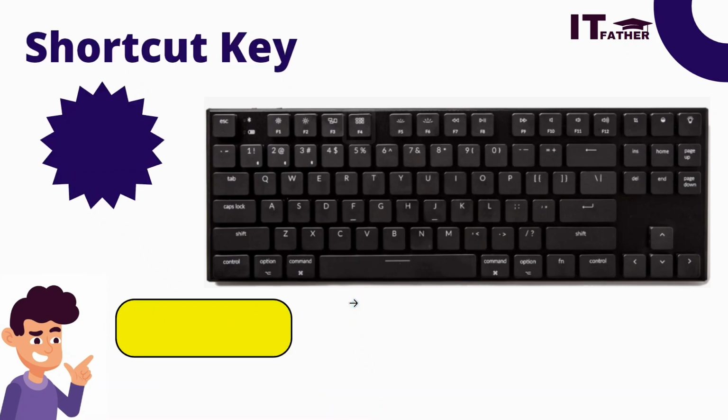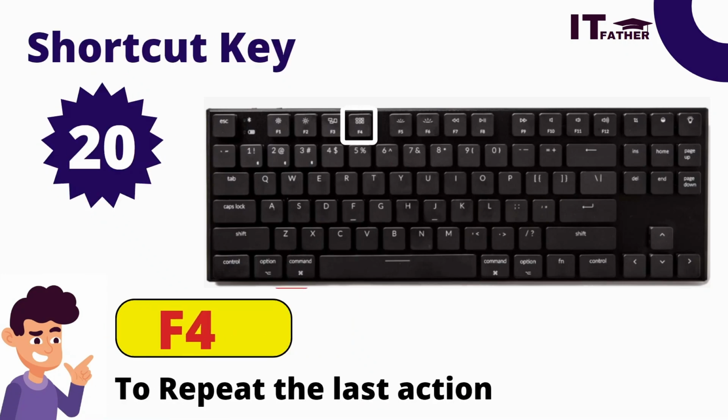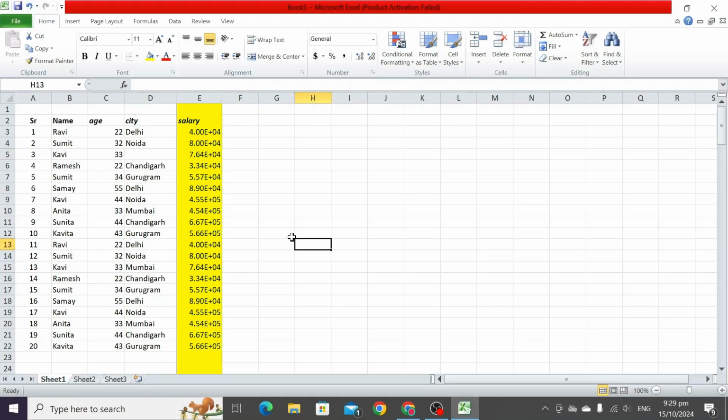Next we have F4 to repeat the last action done. Meaning if you have done any formatting last, for example, see what I'm doing here. I'm selecting this column and changing the color of all the font in the column, and then in the next column I am making it underline.